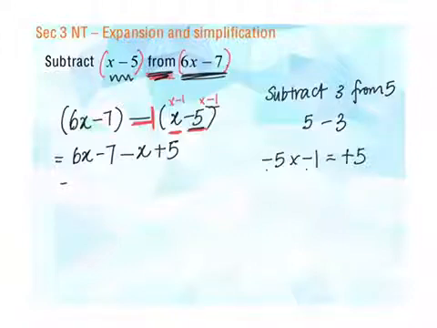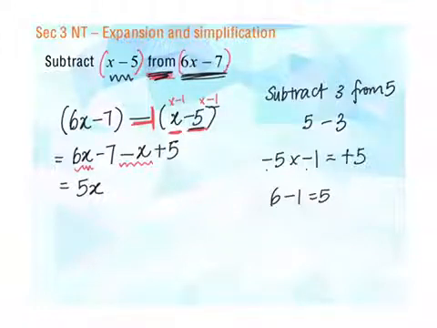Then simplifying this, we will have 6x minus x. So 6 units minus 1 unit of x. That gives me 5 units, so 5 units of x. Then we need to look at the numbers.